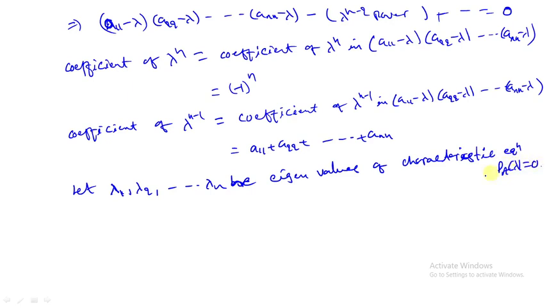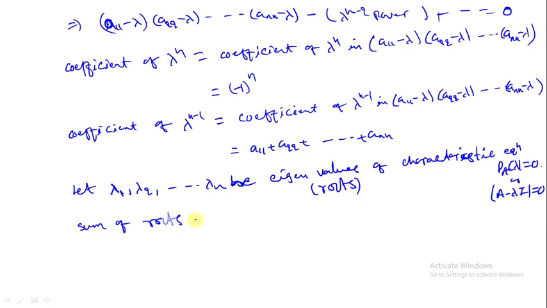The eigenvalues of this characteristic equation, P_A(lambda), that means determinant of A minus lambda I is equal to 0. Suppose I am taking these eigenvalues, that is the roots. Eigenvalues are, you can say, roots. Now what is the sum of roots? Sum of roots equal to lambda 1 plus lambda 2 plus and so on lambda n.